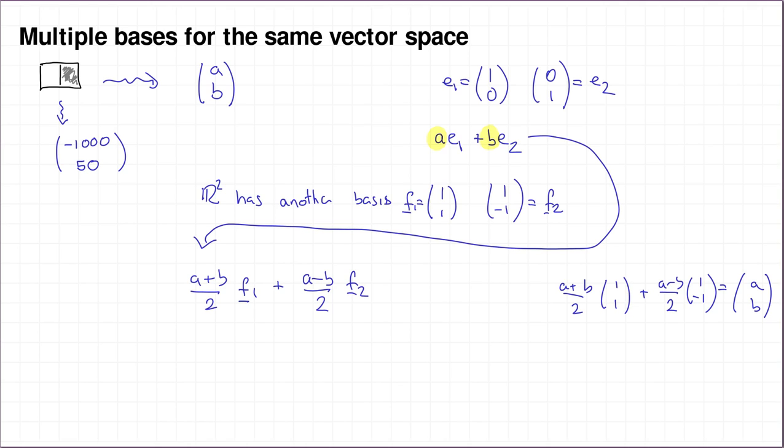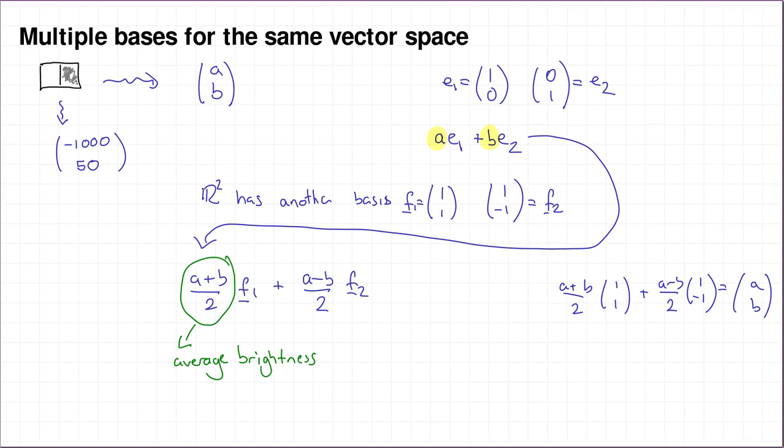Well, the first coefficient there, (a plus b) over 2, has a meaning in terms of the brightness of our image. (a plus b) over 2 is the average brightness of the two squares. So this thing is the average brightness.